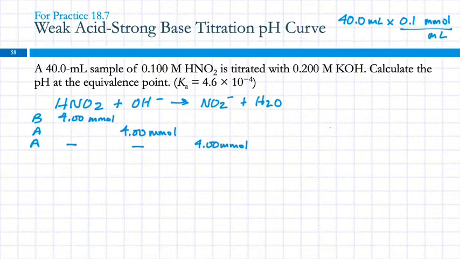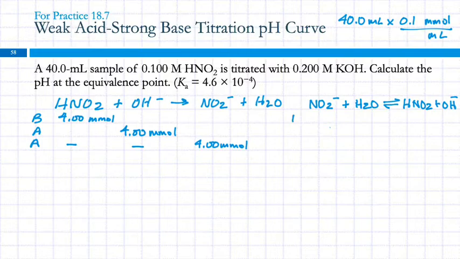At the equivalence point, we no longer have a solution of a weak acid. The weak acid is neutralized. We have the solution of the conjugate base. So we have to look at it that way. NO2 minus plus water will give us the acid back plus hydroxide.